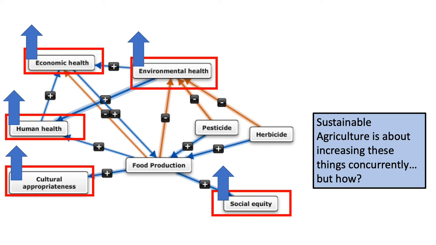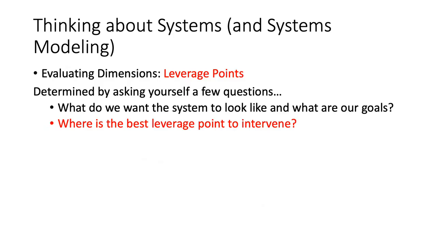So back to our exemplar model, sustainable agriculture might be our goal, and sustainable agriculture, we know, might be increasing these components that we've highlighted here. But how do we increase all of these components simultaneously? That is important for us to think about our leverage points, and particularly, where is the best leverage point to intervene?